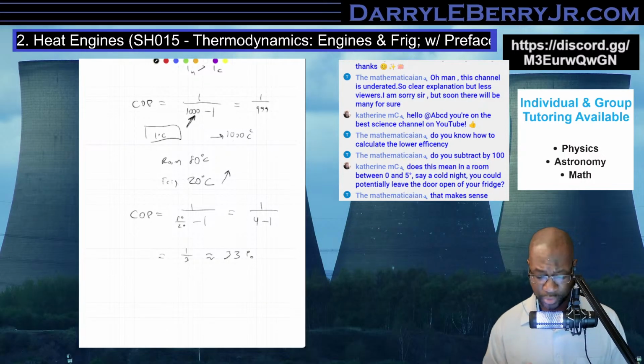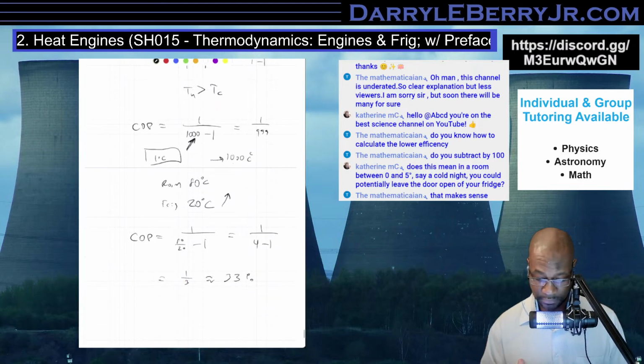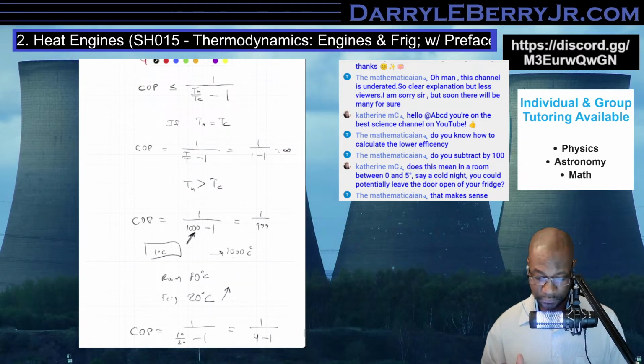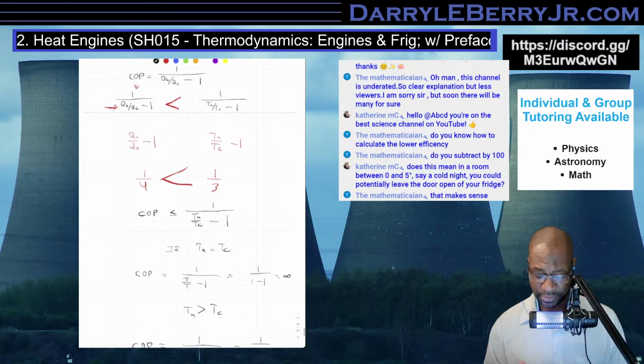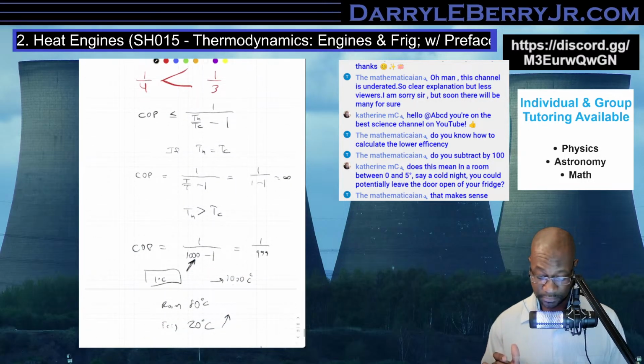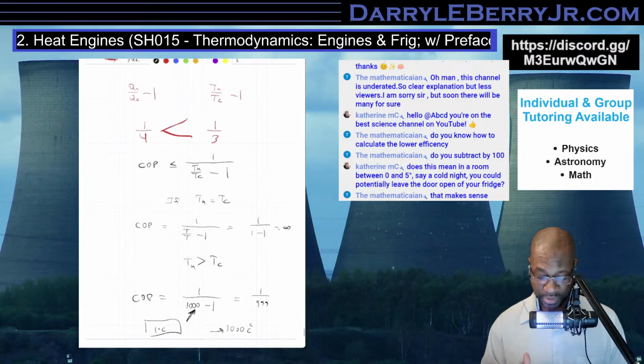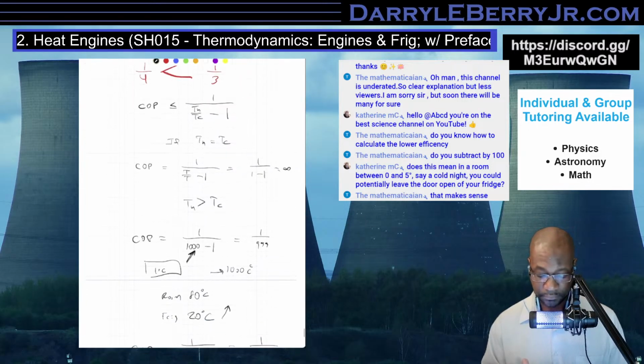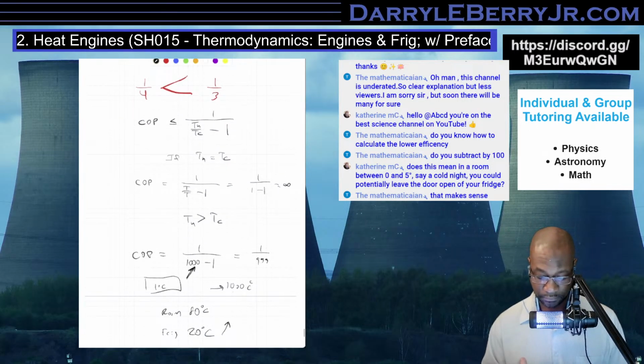And the mathematician says, do you subtract 100? We're just basically plugging that into the equation. Let me make sure I didn't make a mistake here.